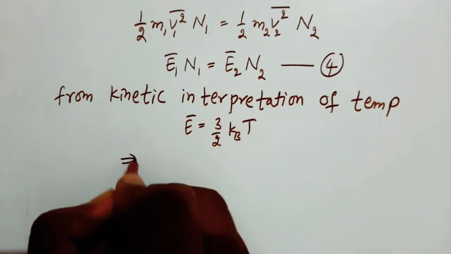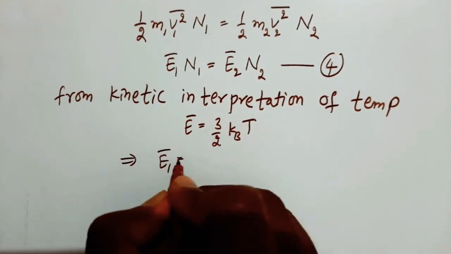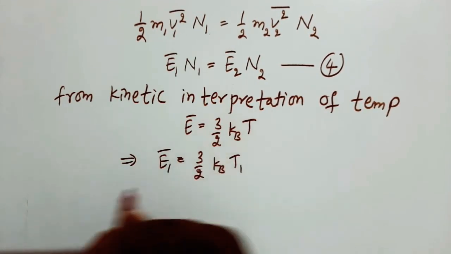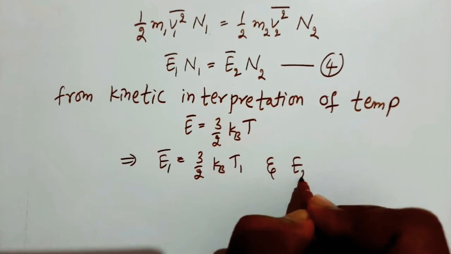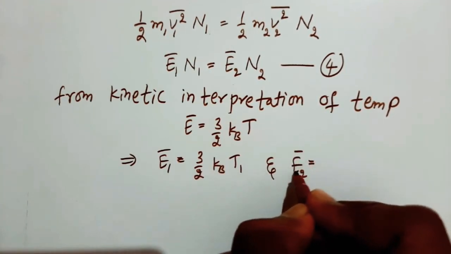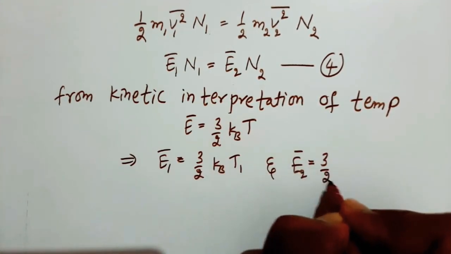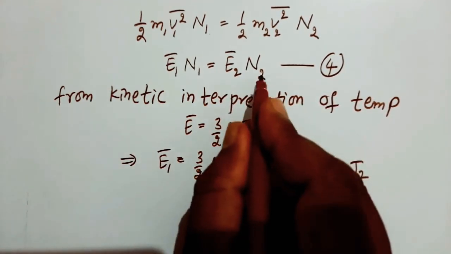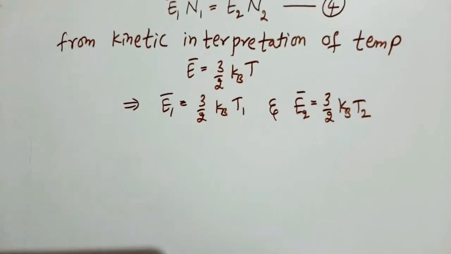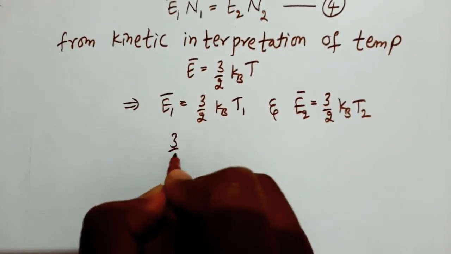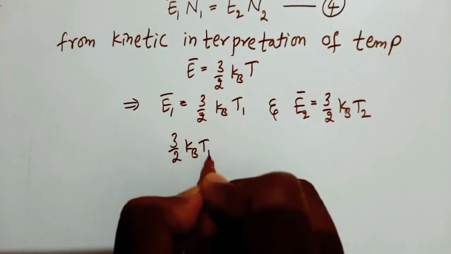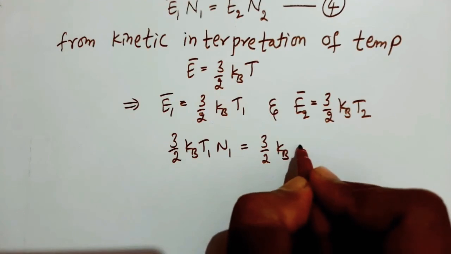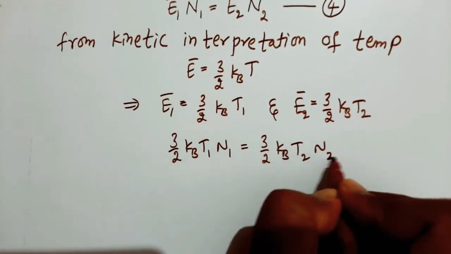So from this we can write E1 bar is equal to 3 by 2 kBT1 and E2 bar is equal to 3 by 2 kBT2. Substituting these values in this equation, we get 3 by 2 kB T1 into n1 is equal to 3 by 2 kB T2 n2.